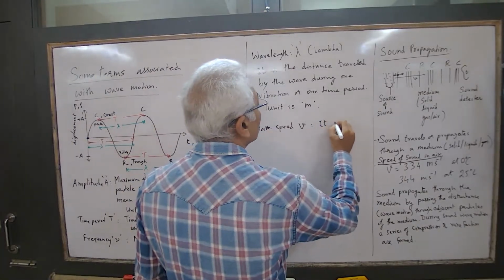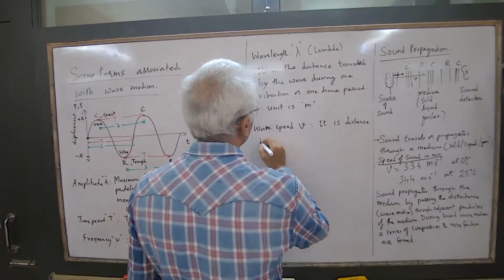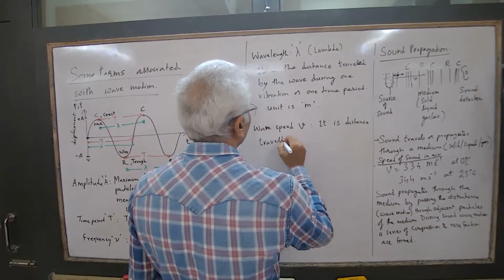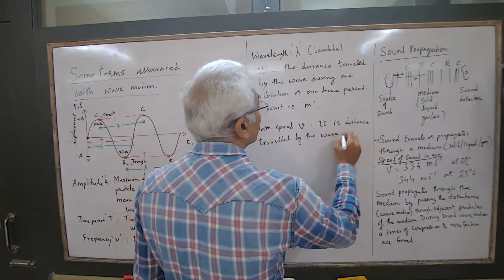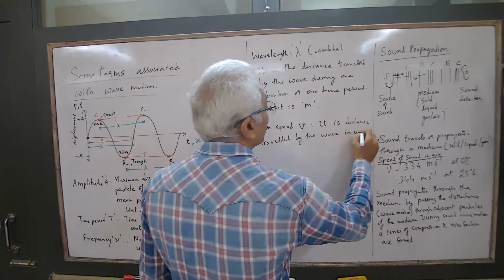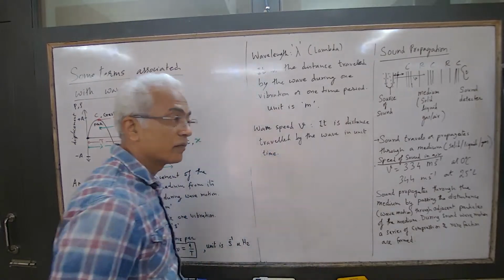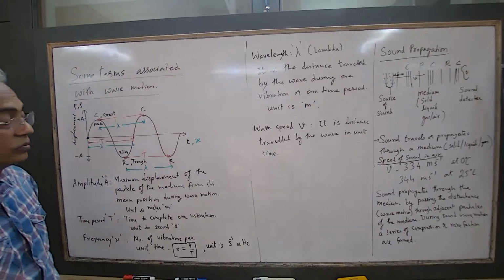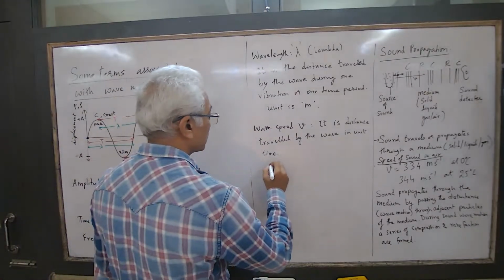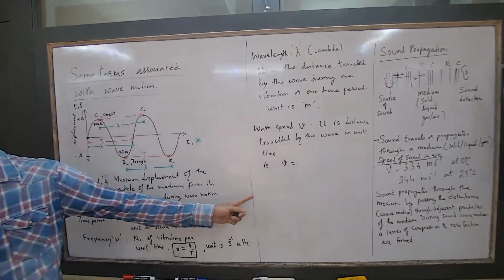It is the distance traveled by the wave in unit time. So how can you define v? Distance upon time.